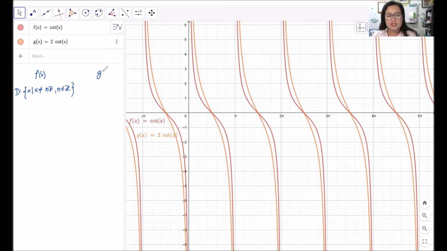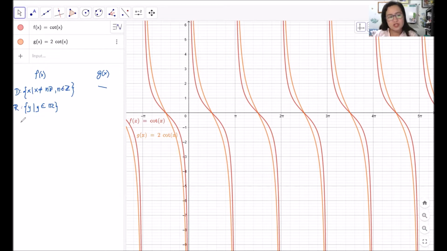For g of x, do we have the same domain? Yes, because the vertical asymptote did not change, so there is no significant change in the domain. The range is still the set of all y such that y is an element of the set of real numbers. The period is the same.